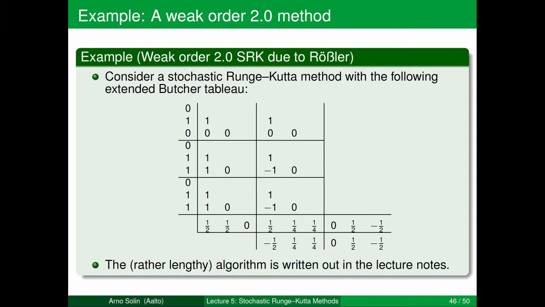As an example of a weak order 2.0 method, we present here the Butcher tableau for a method presented by Andreas Rößler. This method is rather complicated to write out. It's written out in the lecture material, but it's quite nice to use in the end.